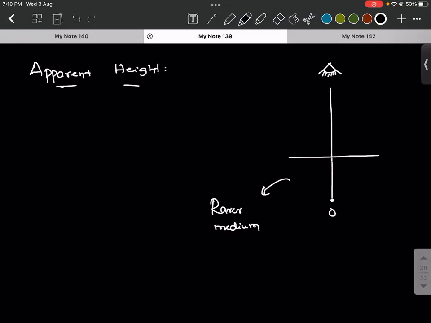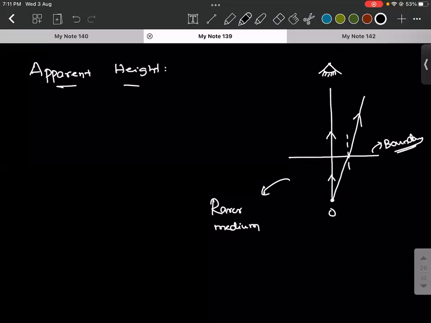Suppose this ray is traveling in this way, where there is a boundary. And the ray is traveling from rarer to denser. It starts bending towards the north. But still, if you observe, they are getting diverged only.